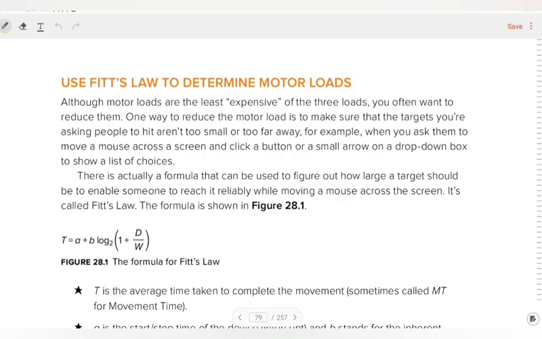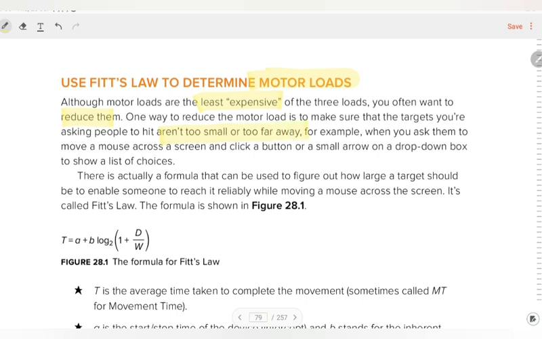Use Fitts's law to determine motor loads. Although motor loads are the least expensive of the three loads, you often want to reduce them. One way to reduce motor load is to make sure that the targets you're asking people to hit aren't too small or too far away.